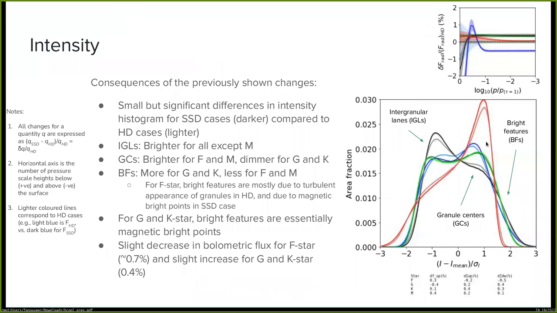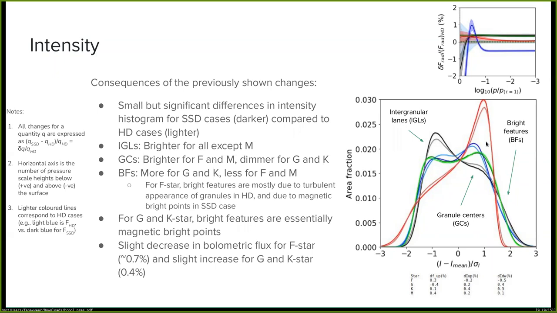One could look at this in a bit more quantitative fashion, if you look at the intensity histogram. Here I'm plotting the intensity histogram normalized by the standard deviation of the intensity.